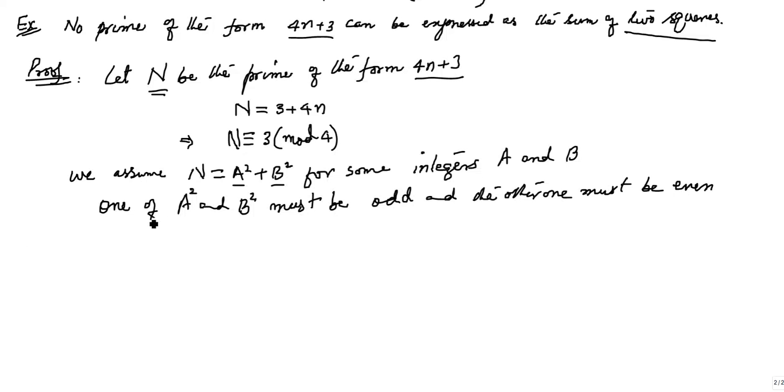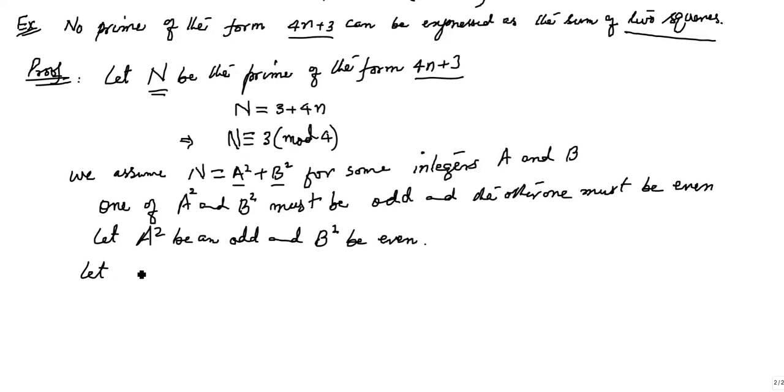So let a square be odd and b square be even. If a square is odd, then a must be odd as well.